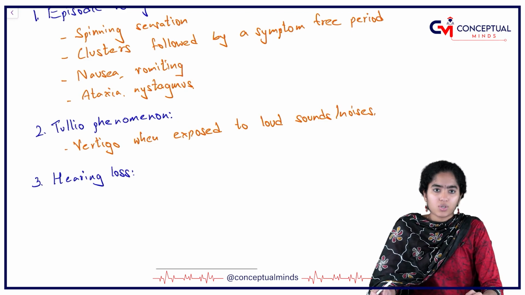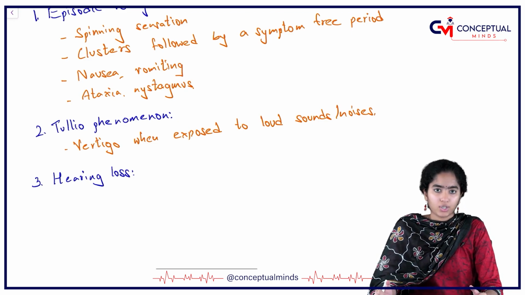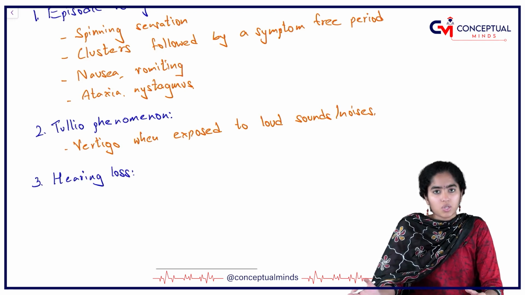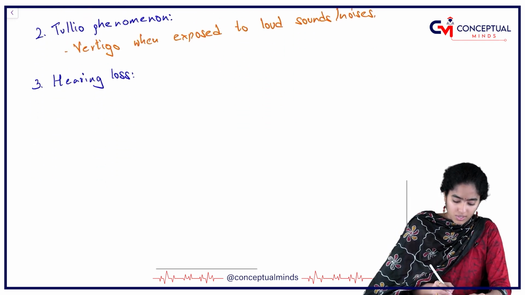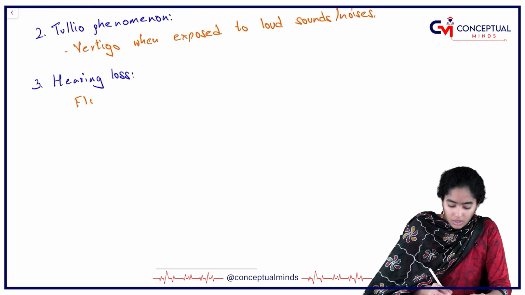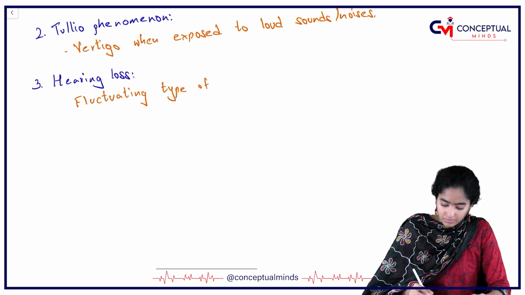And as the vertigo subsides, even the hearing improves, and there is a period of remission for hearing loss. And again, when there is an attack of vertigo, again hearing loss occurs. So it is a fluctuating type of hearing loss.